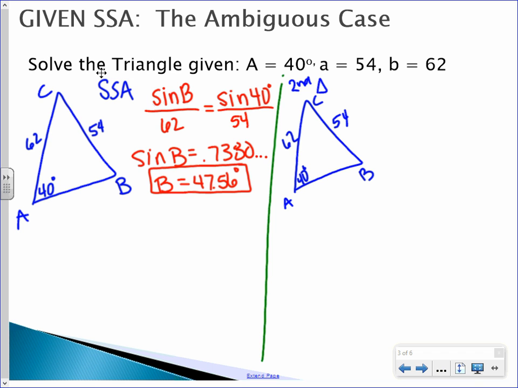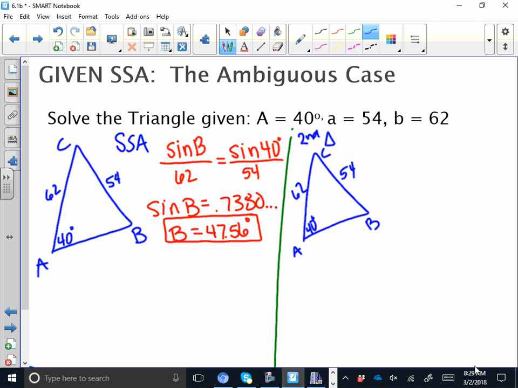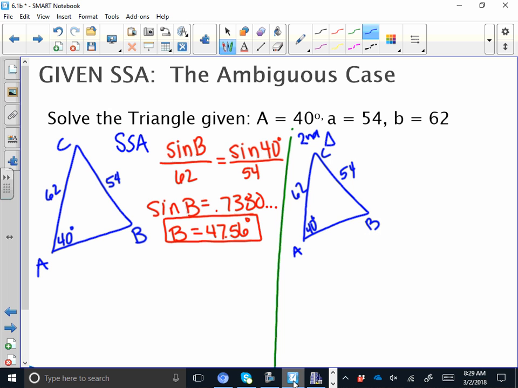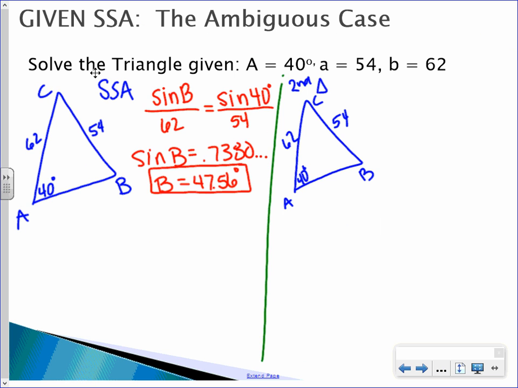Now, what did we decide the relationship was between these two angles when we have two triangles? They're supplementary. So we need to use that fact to find our second triangle. So in our second triangle, angle B, because that is the first angle that we found, that's how we know which one to do. It's the first angle that we found. We need to find its supplement.